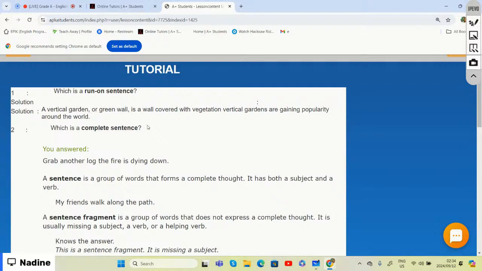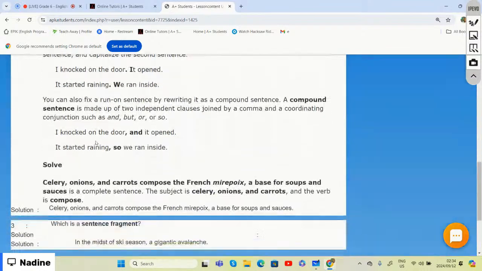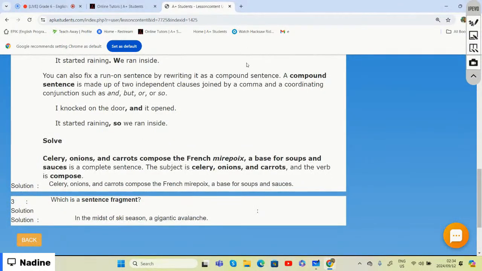We need to say which is a run-on. Okay, not there, but we need to basically choose the correct one.